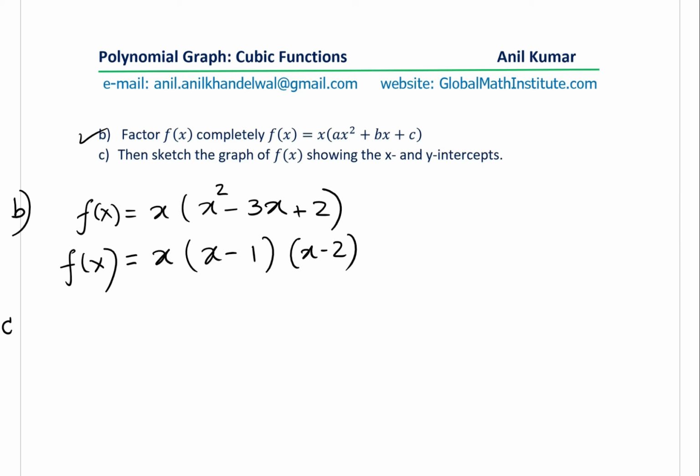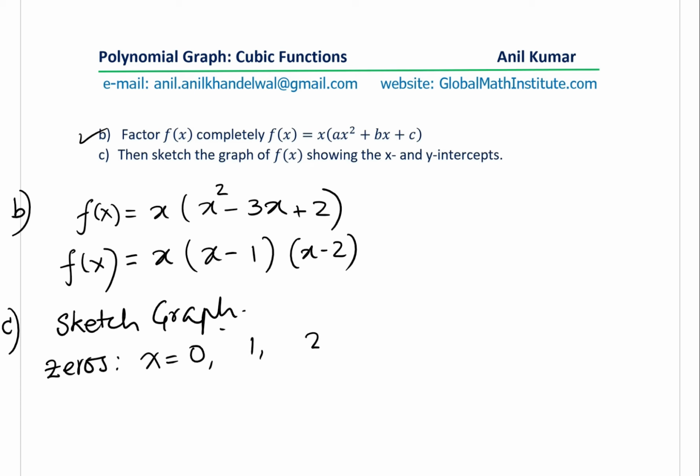Now, part C, we need to sketch the graph. To sketch the graph of this cubic function, let's write down the zeros. Zeros are at x equals 0, x equals 1, and x equals 2.